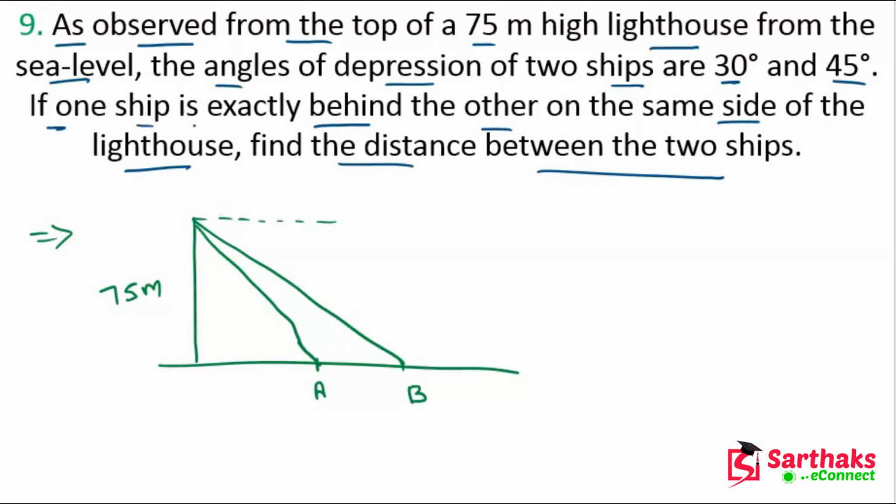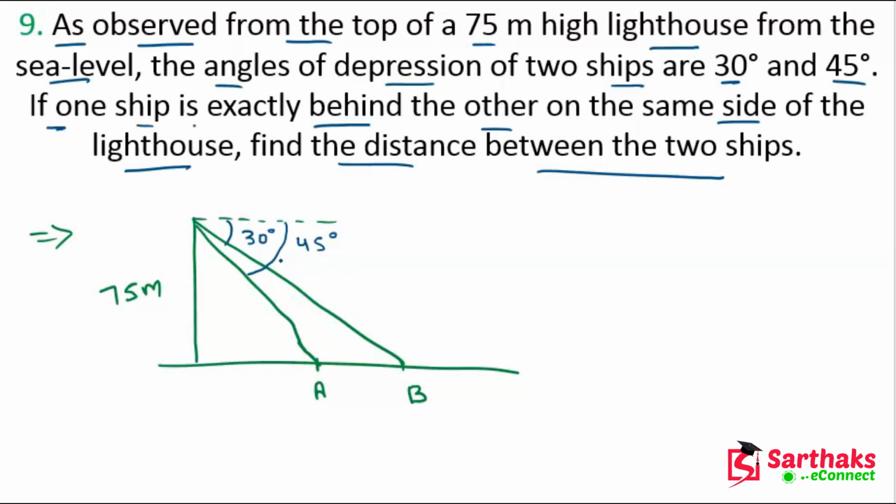Okay, my dear friends. So the angle of depression of ship B is 30 degree, and angle of depression of ship A is 45 degree.